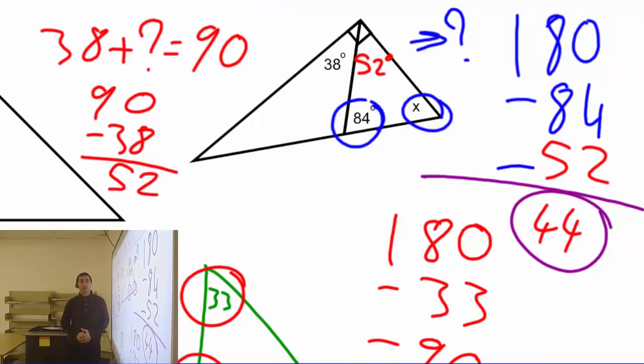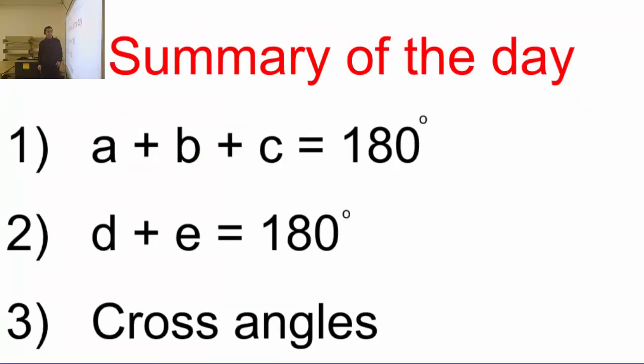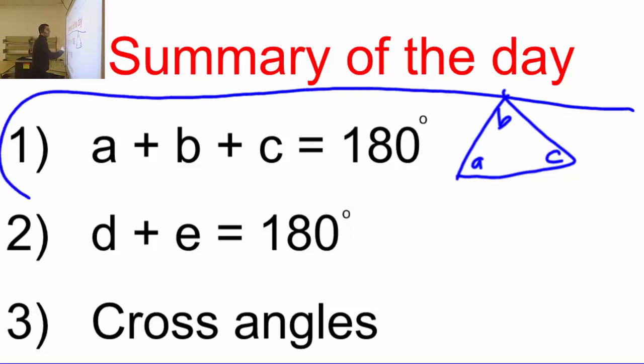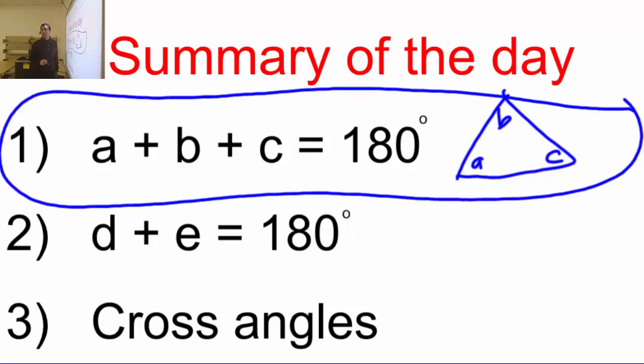All right. Again, here is the summary of today's lesson. Rule 1: A, B, C, add together, everything's supposed to be 180 degrees. So that's rule number one.